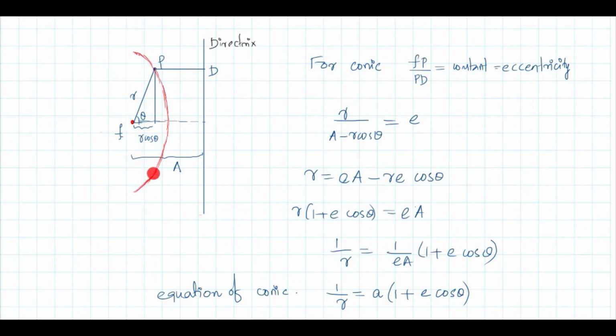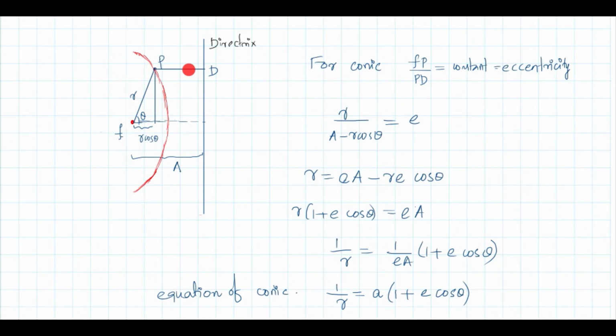Any point P on this curve satisfies a condition of the form Fp divided by Pd equal to a constant. The distance from the focus, that is Fp, and the perpendicular distance from the straight line, that is Pd. The ratio should be a constant. Any curve that satisfies this condition is known as a conic section.